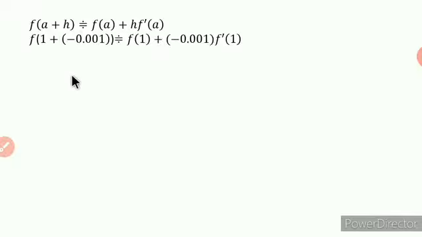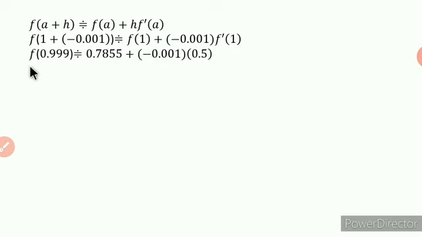So, using the approximation, f of a plus h is approximately equal to f of a plus h into f dash of a. Put the corresponding values. We get f of 1 plus minus 0.001 is approximately equal to f of 1 plus minus 0.001 into f dash of 1. So f of 0.999 is approximately equal to 0.7855 minus 0.001 multiplied by 0.5. Take this product.